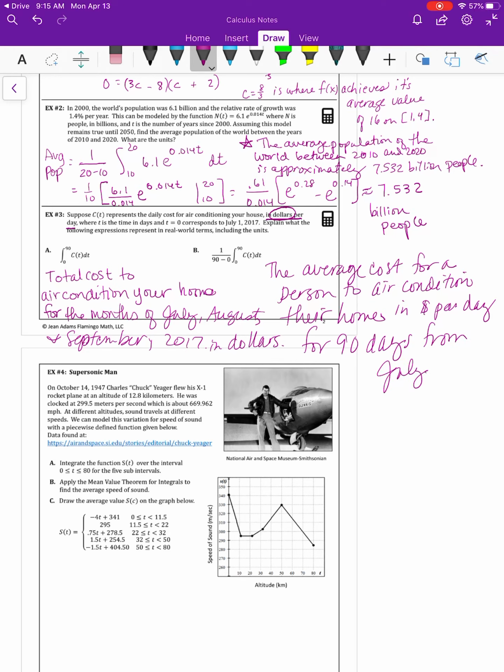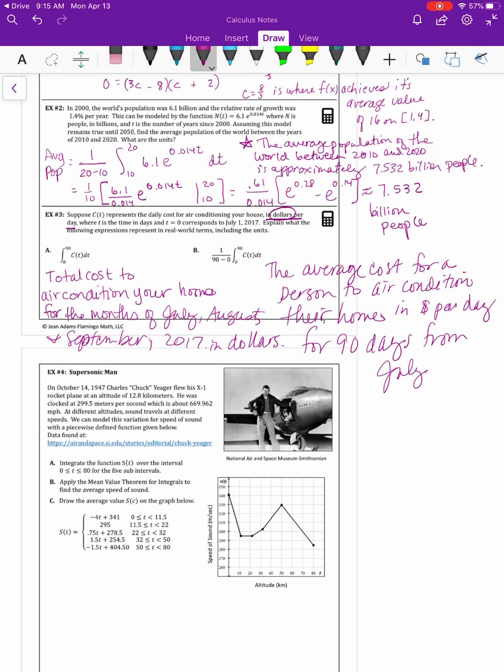And then for part B, apply the mean value theorem for integrals to find the average speed of sound. So for that one, your average speed of sound is going to be 1 over 80 minus 0, integral from 0 to 80, s of t dt. So that's going to be your 1/80th times all these added up.